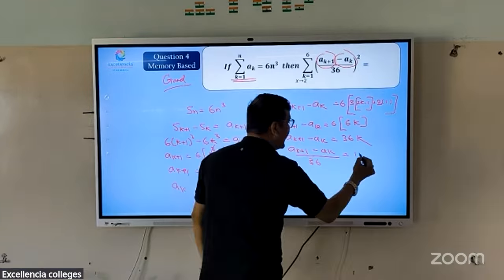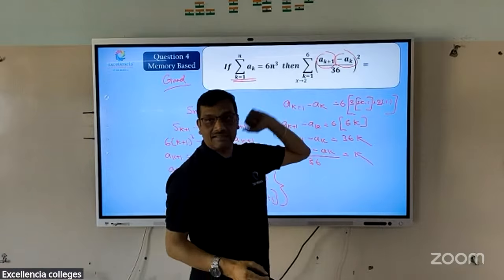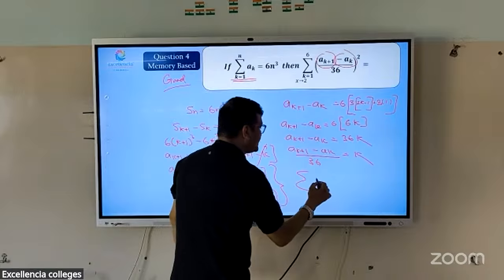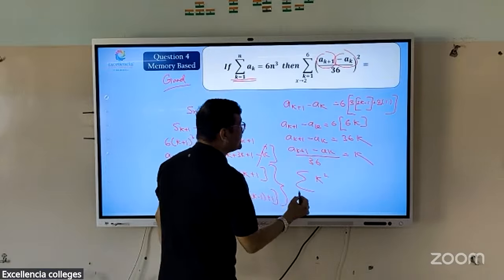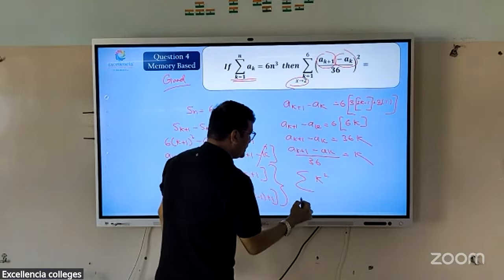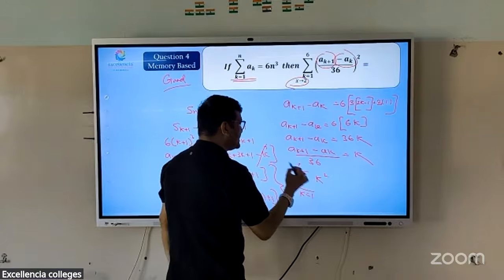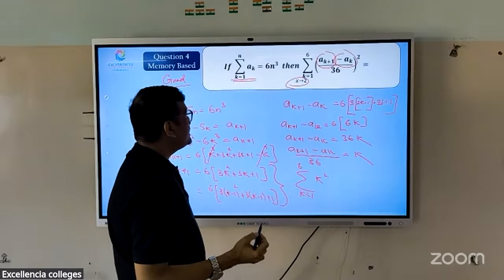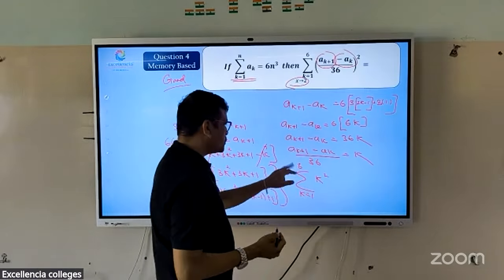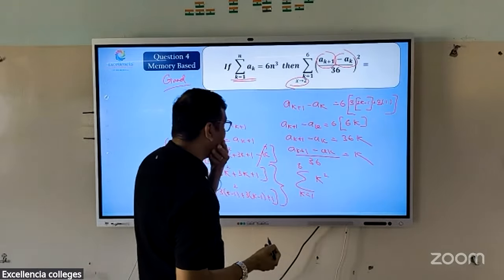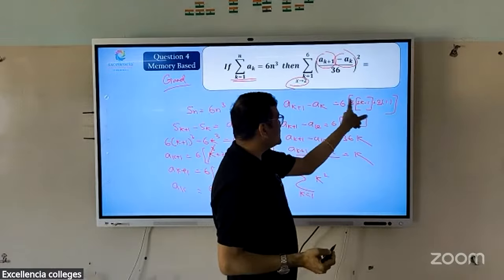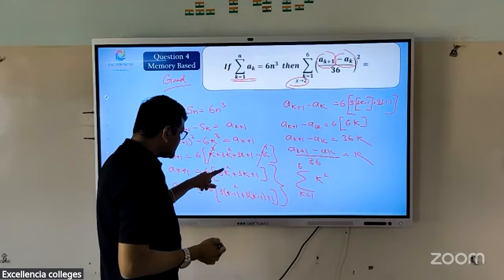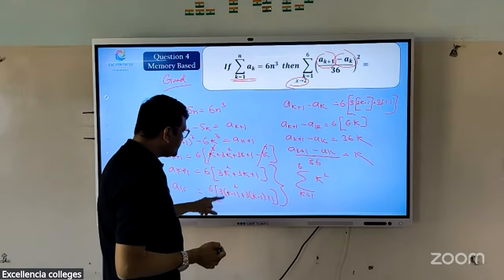So this is k. So sigma is k square, k square plus k, k is equal to 1 to 6. Right? k is equal to 1 to 6. So I think that is fine. k square cancels, so 2k minus 2.